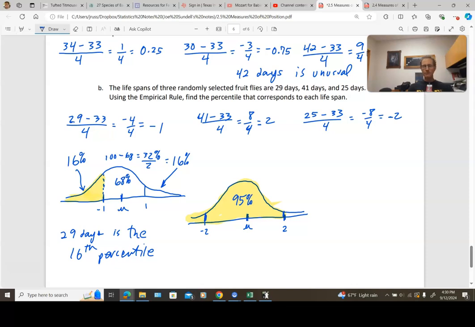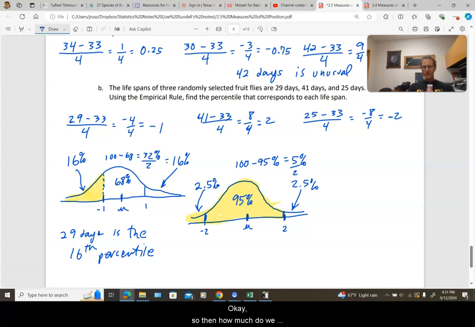Okay? Which means that there must be another 5% in the 2 tails. And if we divide that by 2, that means we're going to have 2.5% in the right tail and another 2.5% in this left tail.